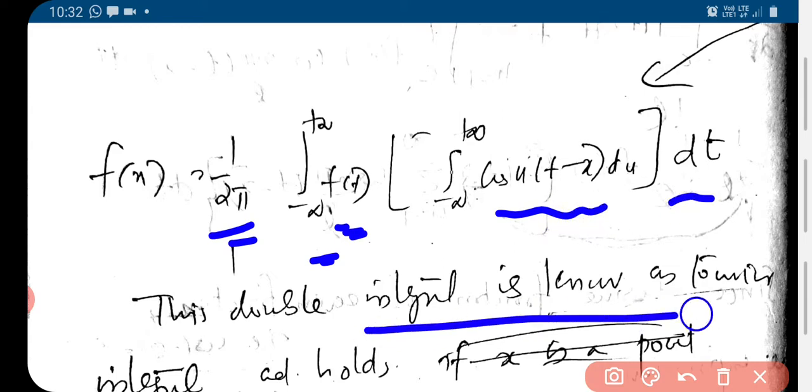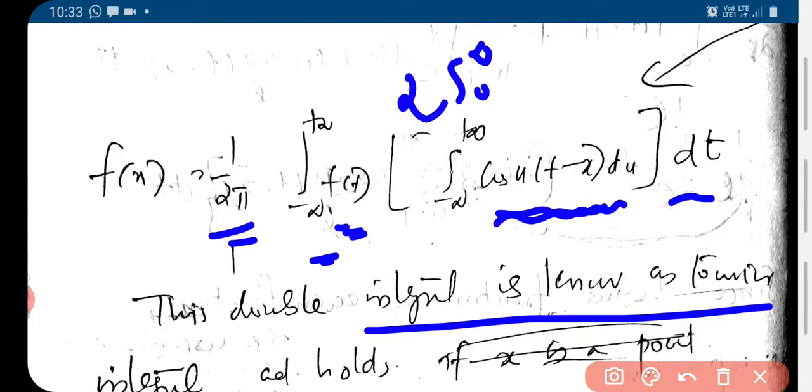This double integral is known as the Fourier integral, which can also be written, since this is an even function, as integral 0 to infinity of this.